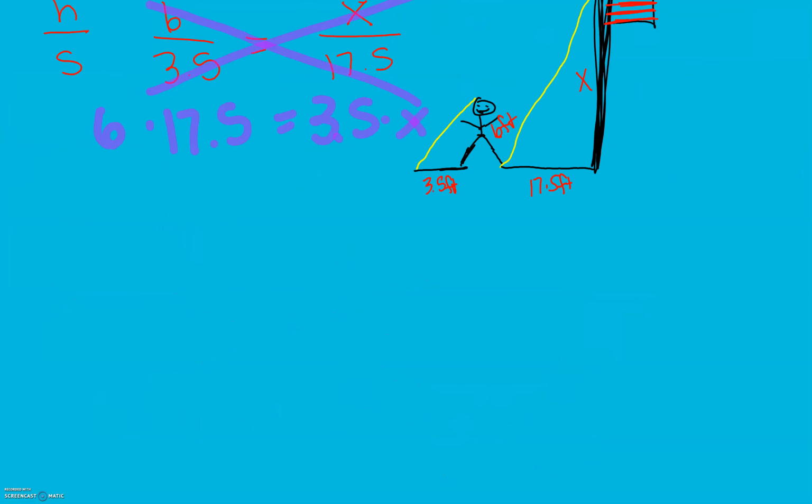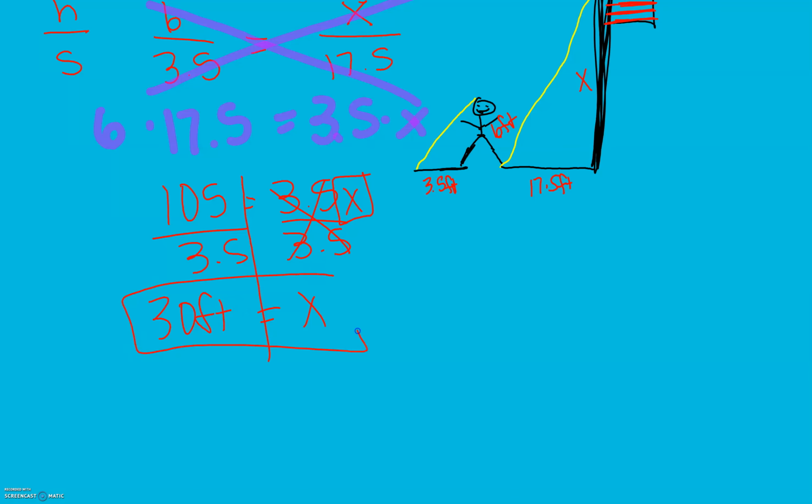Again, we set our cross products equal to each other. Here when I multiply, I get 105 equals 3.5x. Remember, we have to simplify each expression before we can solve. Now my x is being multiplied. We get rid of that by dividing, our inverse operation there. And x is going to equal 30 feet, which seems reasonable for a flagpole.